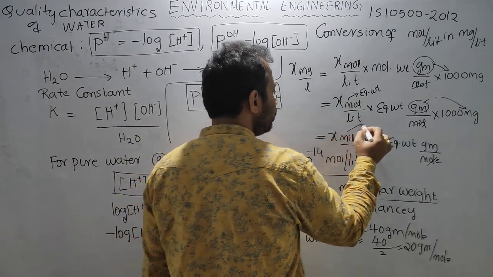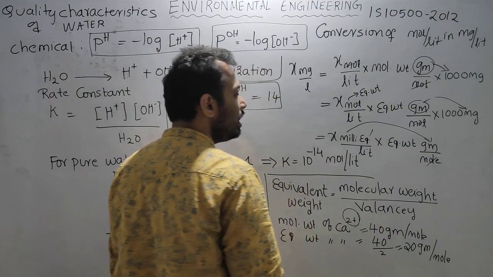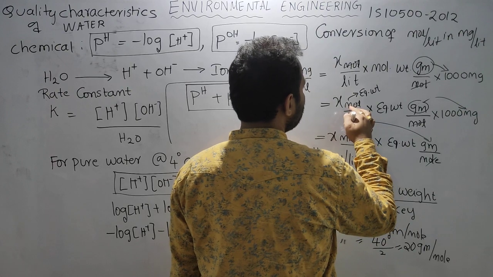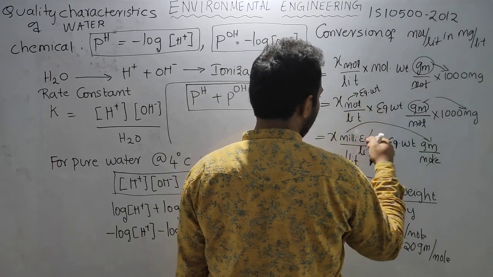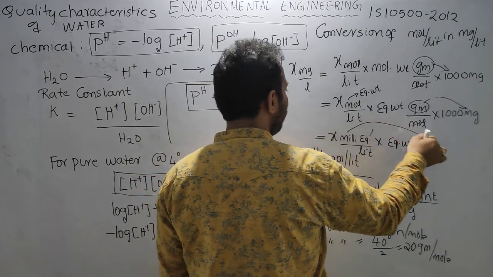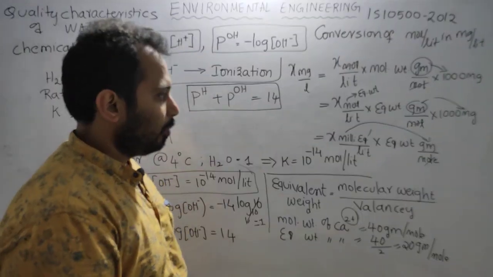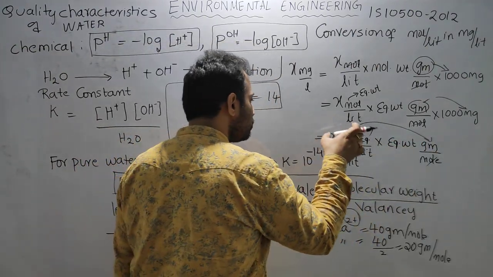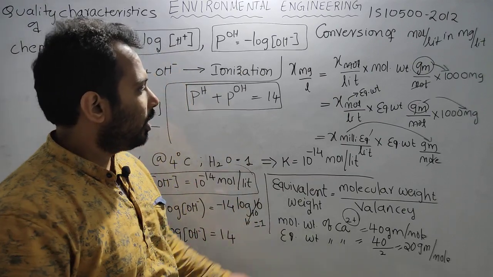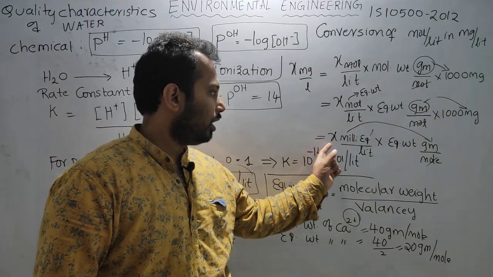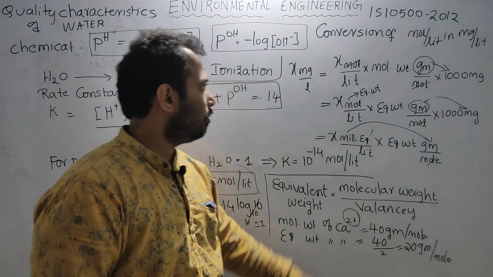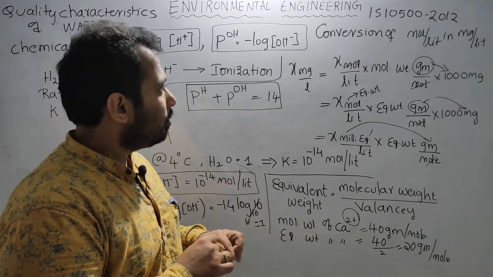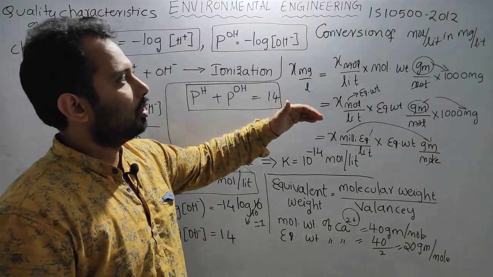This milli will go and attach to gram, and that will become milligram. So milligram per liter. When it is given in terms of milli equivalents, directly multiply it with the equivalent weight, and you will get the mg per liter reading. So these are the conversions of mole per liter into mg per liter.